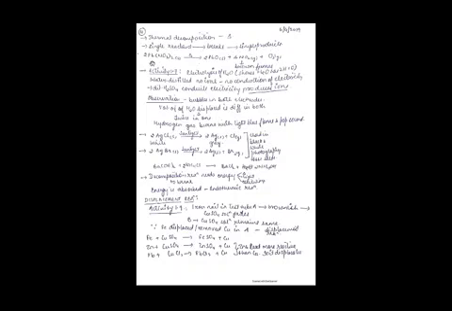Another example was of lead nitrate, where it was decomposed under the action of heat into lead oxide, nitrogen dioxide and oxygen, and brown fumes were observed, if you remember. Next was the electrolytic decomposition, that is electrolysis of water.